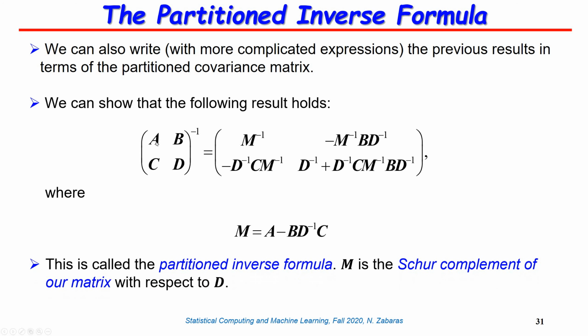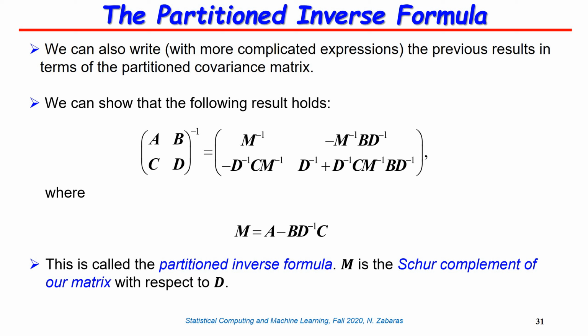The way to remember this Schur complement is, you can see here you have A, and if you go clockwise, minus B, and then you have D inverse times C. That's the Schur complement with respect to this matrix D. Now, you may ask, where is this formula coming from?